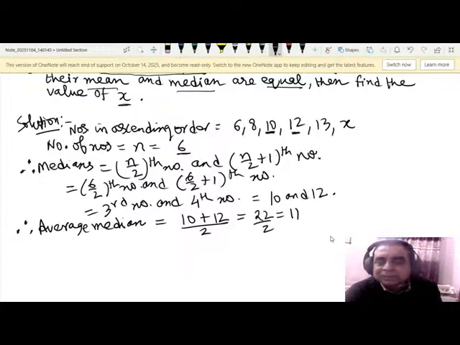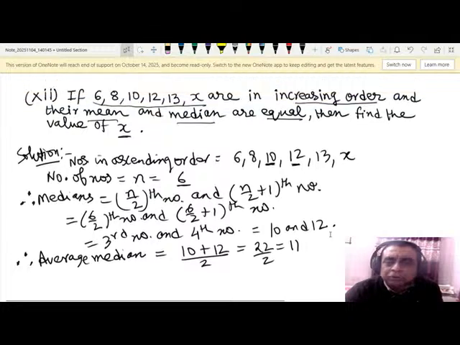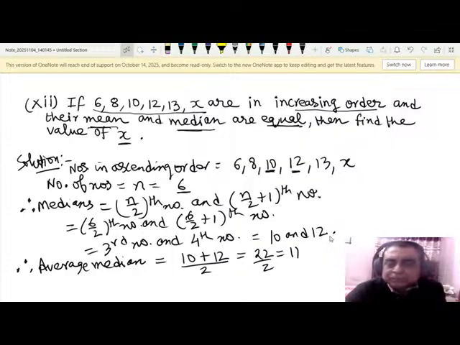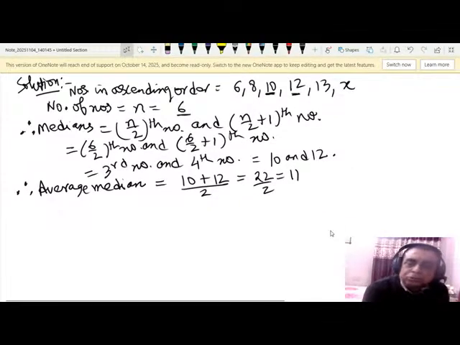So that is the average median. According to the question, the mean and median are equal, so the mean of the given numbers will also be 11.